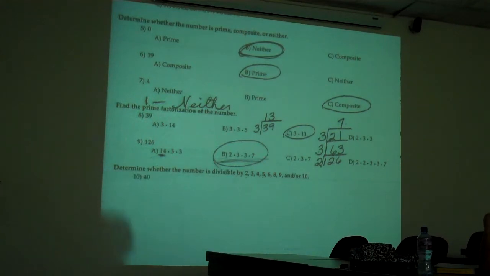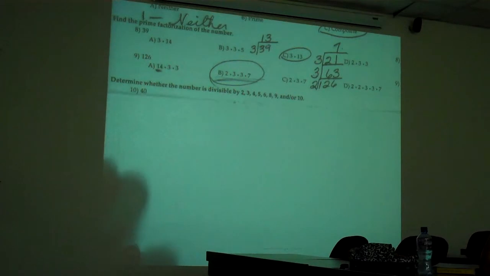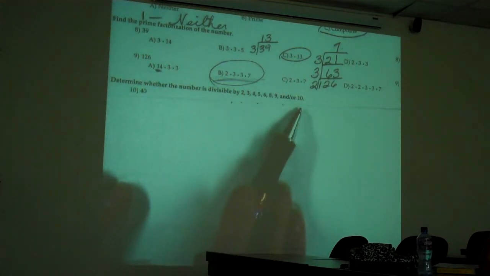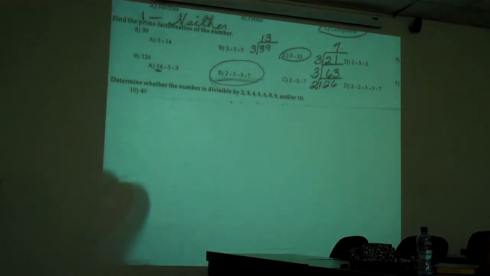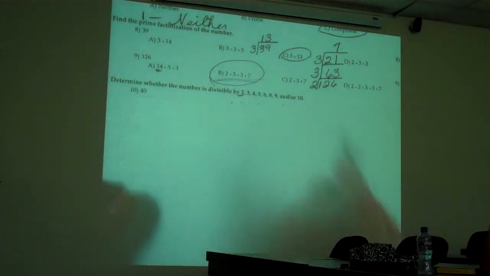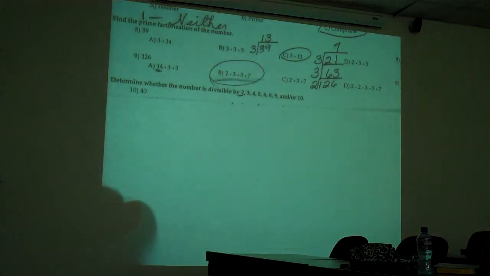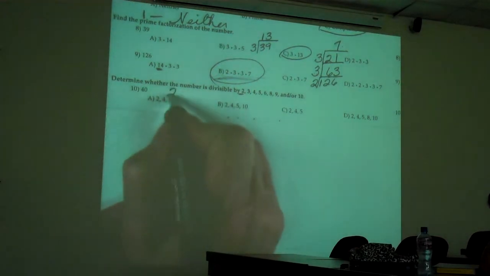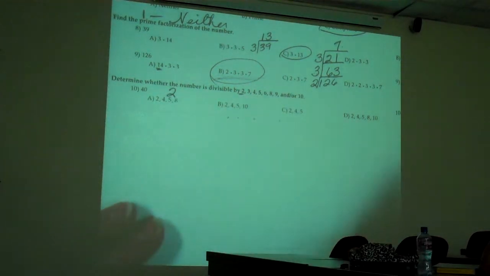Okay, determine whether the number is divisible by 2, 3, 4, 5, 6, 8, 9, and 10. Is 40 divisible by 2? Yes. Is it divisible by 3? No. None of these had 3 anyway. It's divisible by 2. How about 4? Yes.